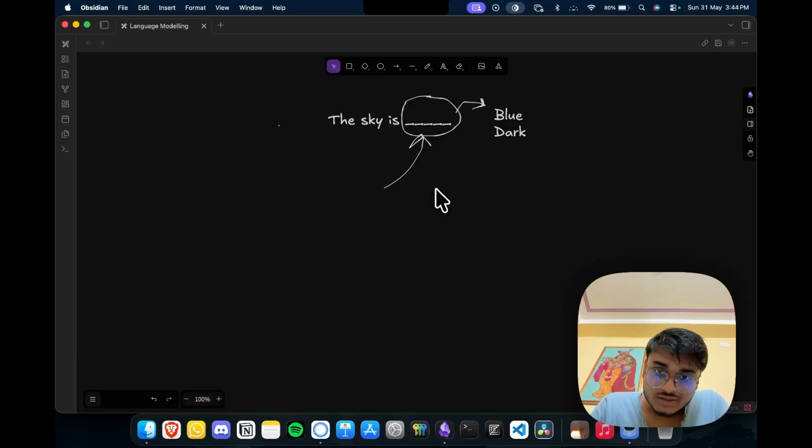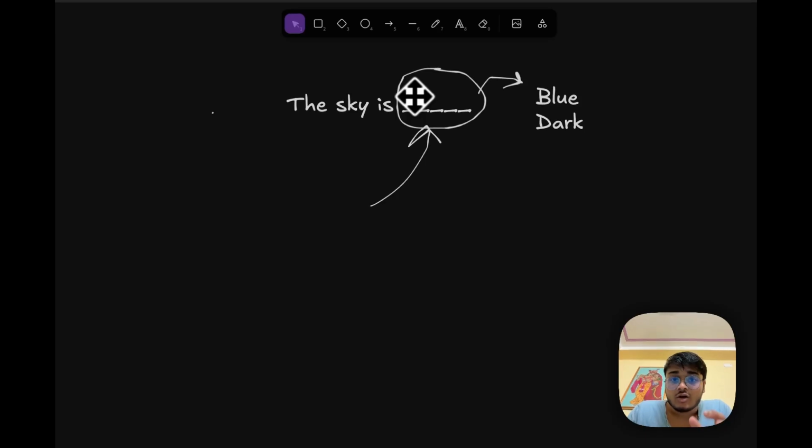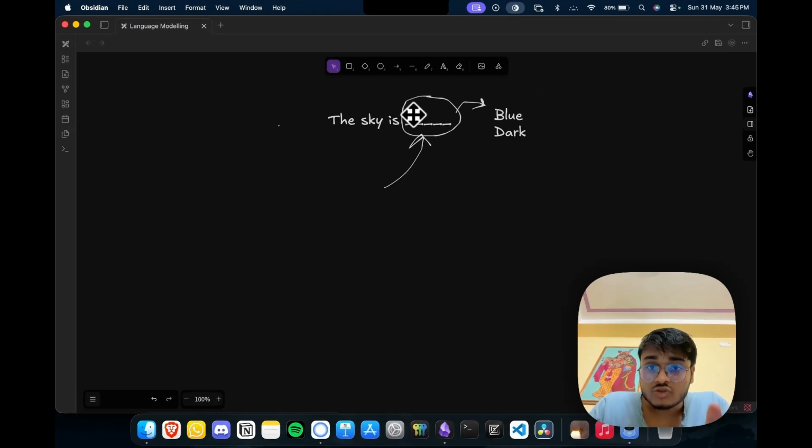Based on the data set, we find how many times "the sky is blue" appears and how many times "the sky is dark" appears. The more times blue comes after the sky, the greater the chance of blue. We have to understand the idea of language modeling from this example.